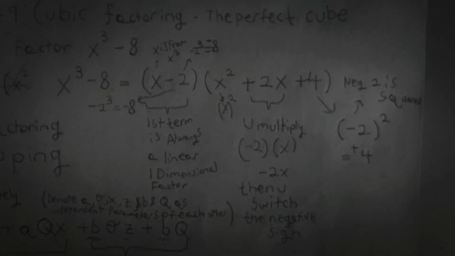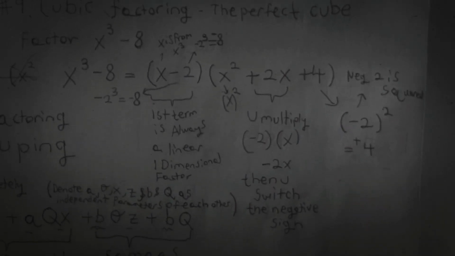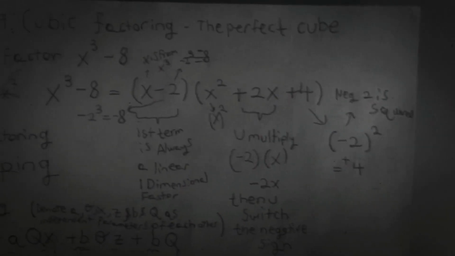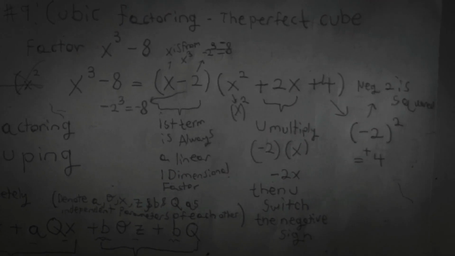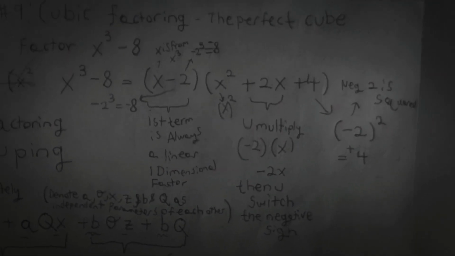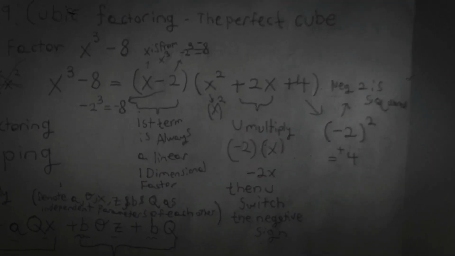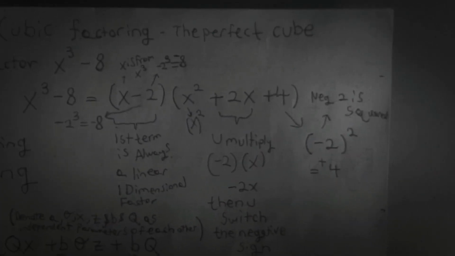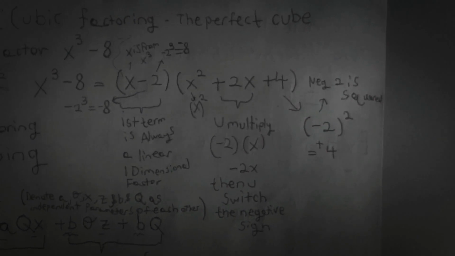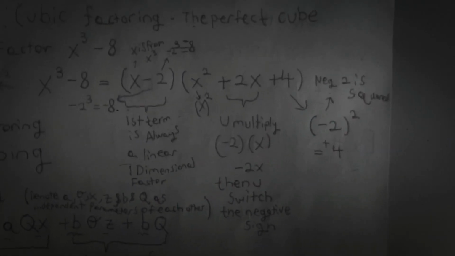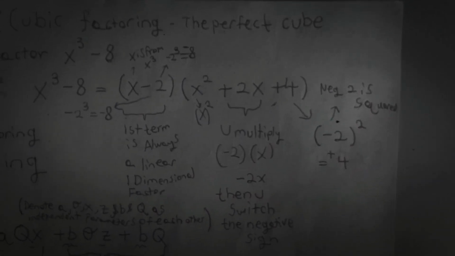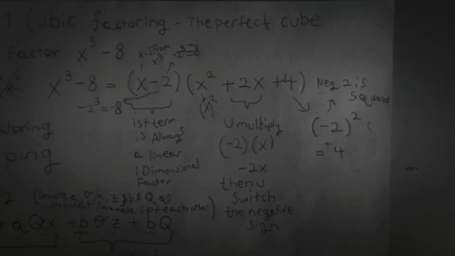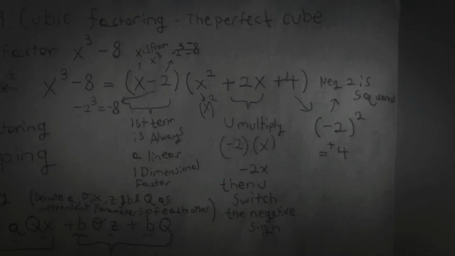Now, you can verify these two factors by foiling x times the quadratic quantity and plus negative 2 times the quadratic quantity. Now, the quadratic quantity x squared plus 2x plus 4 can't be factored further unless you try to use the quadratic formula or complete the square method, which is not illustrated in this video.